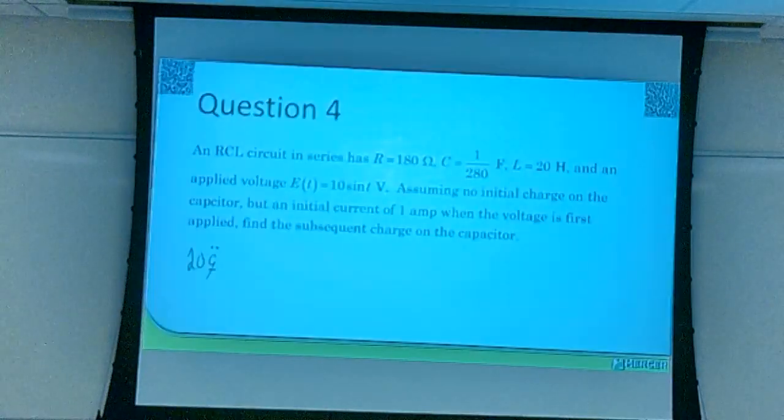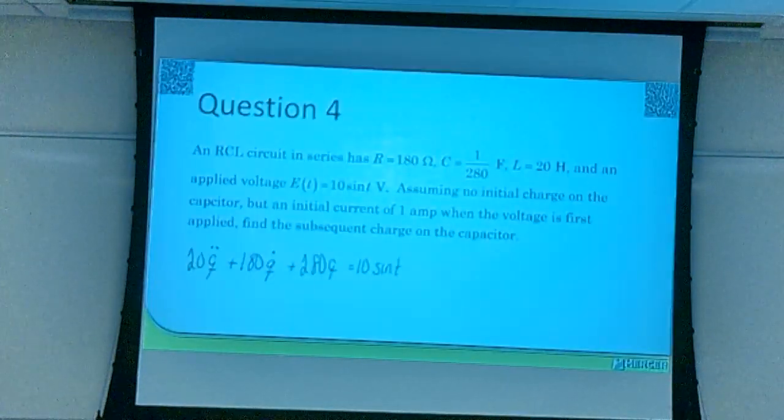So it's 20 Q double dot plus the resistance times Q dot, the unit for resistance is the ohm, plus 1 over the capacitance times Q is equal to the applied voltage.